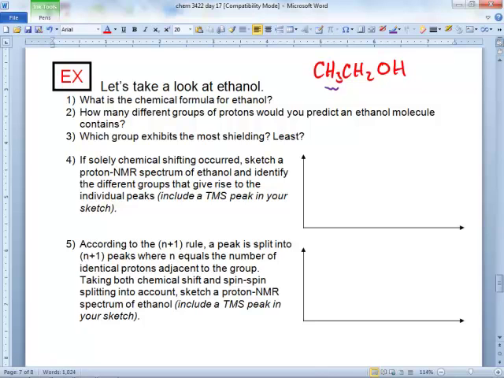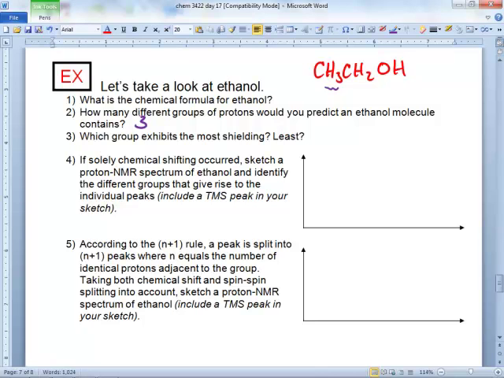Okay, Emily, which group exhibits the most shielding? Which group is going to actually feel the least?